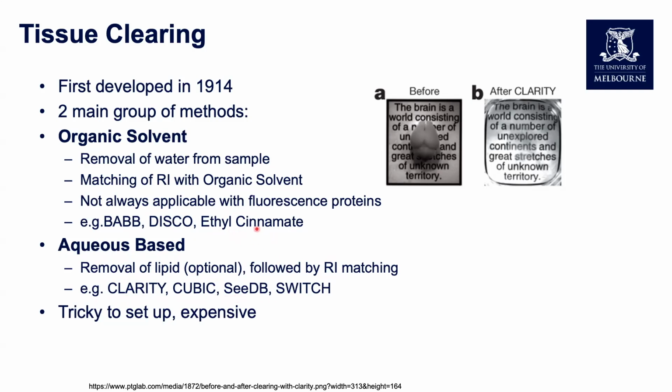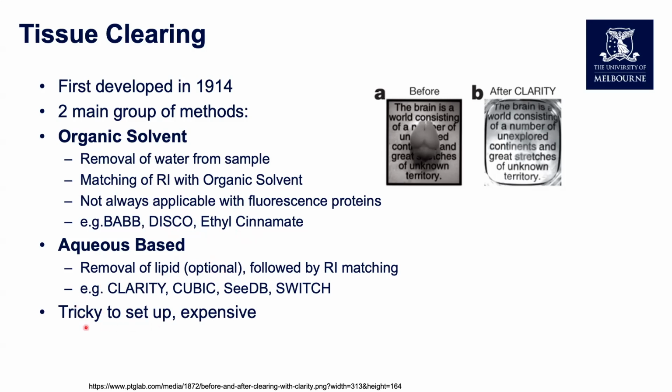The majority of researchers, as I say, at the University of Melbourne are using the DISCO-based techniques. The benefit is it makes the sample slightly smaller, and the sample is fairly hard and easy to manipulate onto and off the microscope. But the instrument itself can handle any of those techniques.